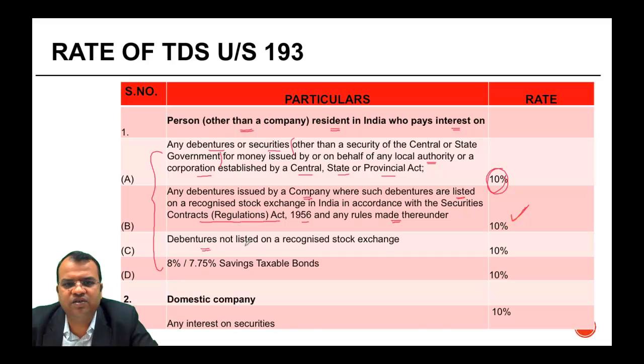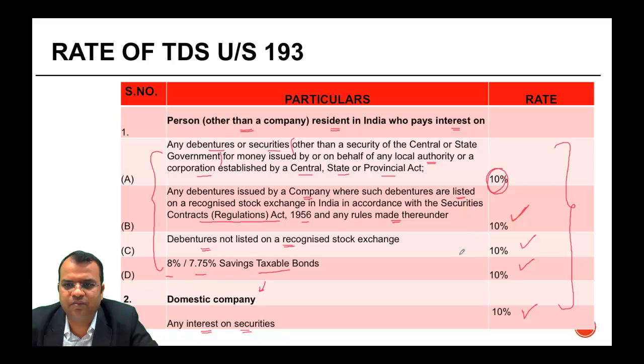Interest on debentures which are not listed on a recognized stock exchange, so suppose there is interest on unlisted debentures, the TDS will be 10%. 8% or 7.75% savings taxable bonds, TDS is 10%. Where the payment is made by a domestic company, any interest on securities will be liable for a withholding tax of 10%. So effectively, if you see in all these cases, the withholding tax rate is 10%.